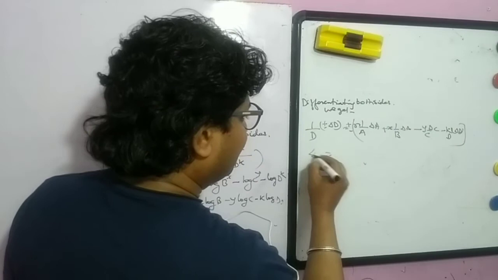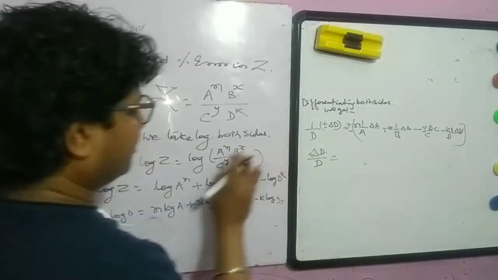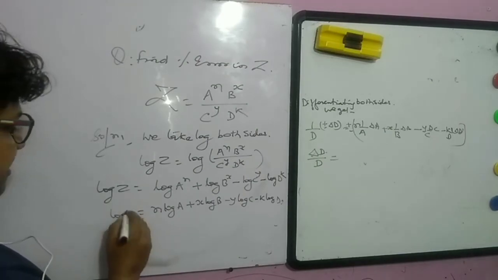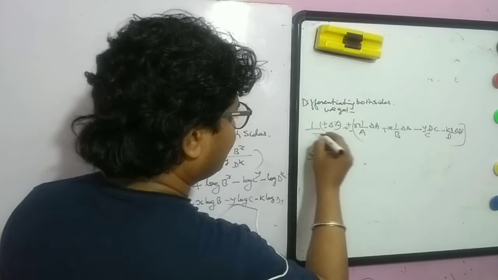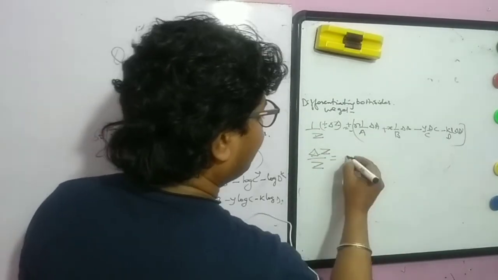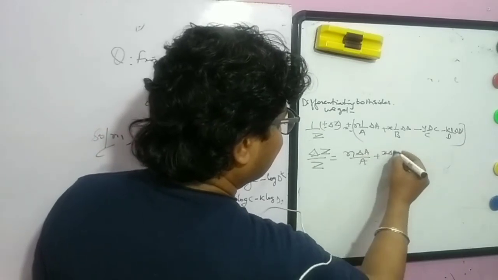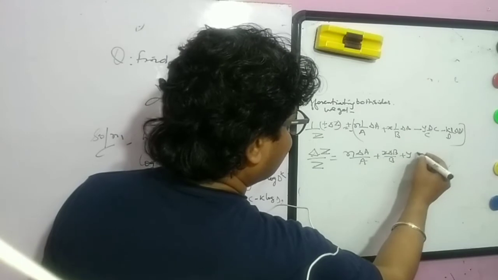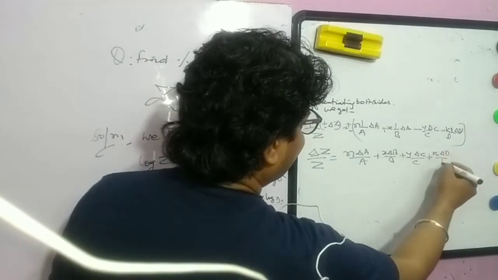So δz by z will be equal to n δa by a plus x δb by b plus y δc by c and plus k δd by d.